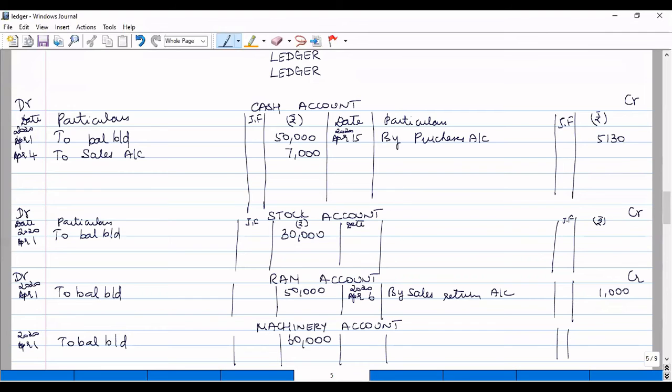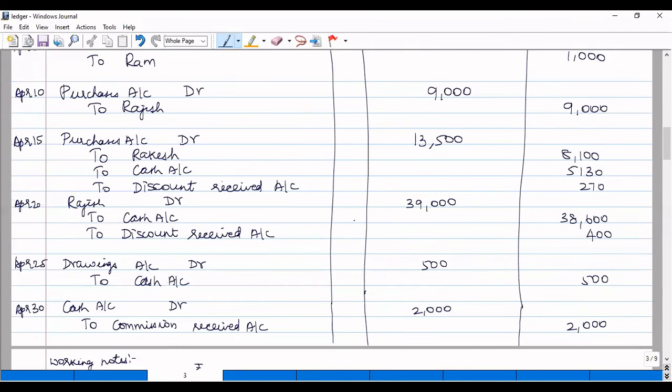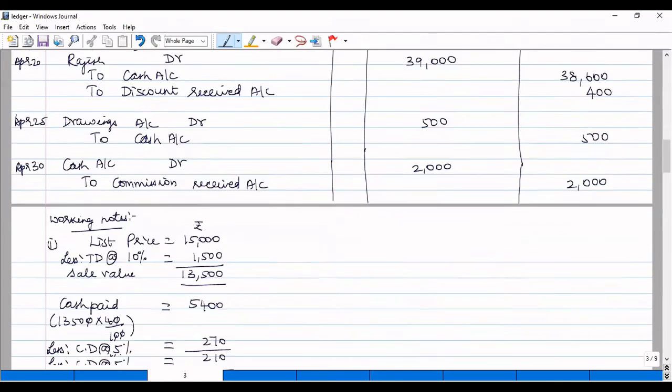Now we will move on to the next transaction, April 20th. We have paid cash to Rajesh as a final settlement. Okay, 38,600 was paid to Rajesh, and we also have availed a discount received of rupees 400. Now see the debit item, it is Rajesh. So come down to Rajesh account.